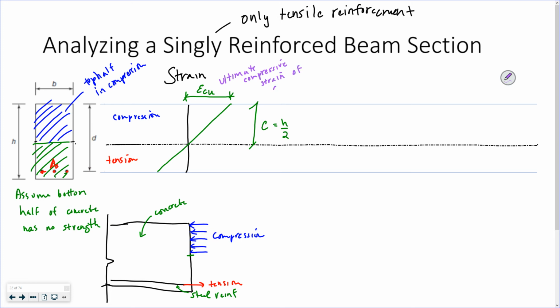Extreme compression fibers go all the way to the edge, and your ultimate compressive strain is 0.003, right?